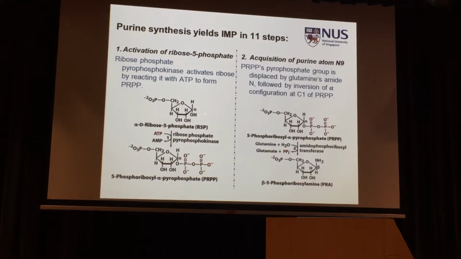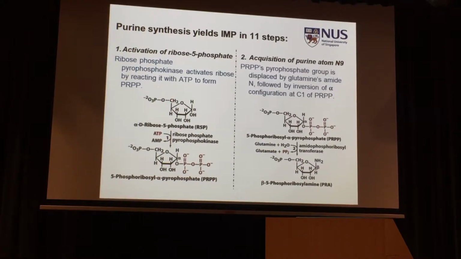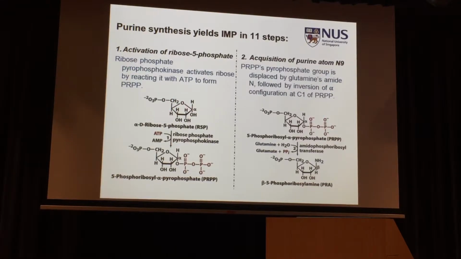You know this is a ribose sugar, and we number this carbon 1, 2, 3, 4, 5. Therefore the name is ribose 5-phosphate, because the phosphate is found on the 5th carbon over here. Ribose because it's a 5-membered ring, and this is an alpha configuration. Alpha meaning it is pointing below the plane.